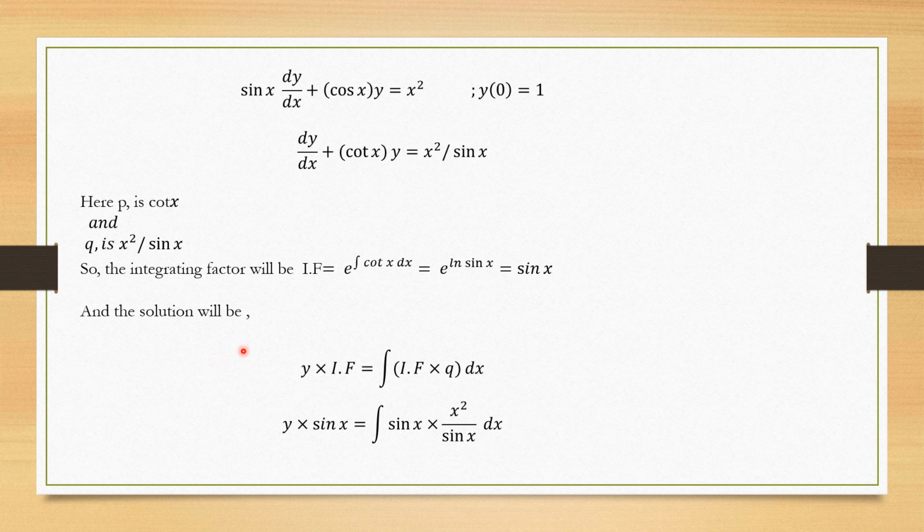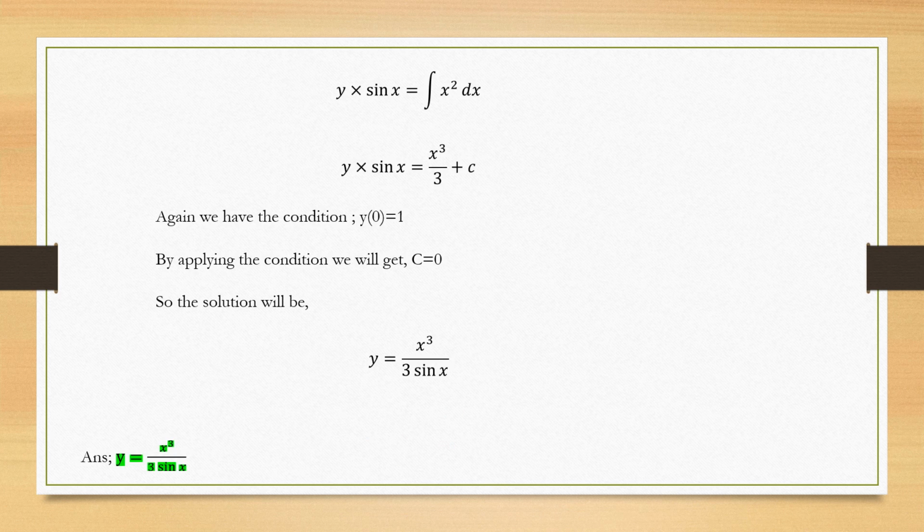And the solution will be y into integrating factor is equal to the integration of integrating factor into Q. So by putting the value of the integrating factor we can find that y sin x is equal to the integration of sin x into x square by sin x dx. And here it will be y sin x is equal to the integration of x square dx.